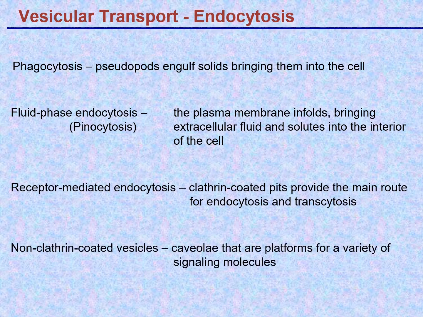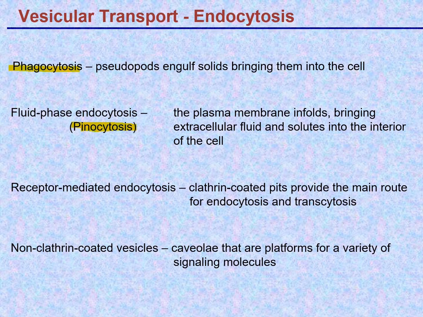Well, I told you there were a number of different mechanisms of endocytosis, vesicular transport, involving movement of either solids or fluids into a cell. Movement of solids into the cell is called phagocytosis. Movement of liquids into a cell is called pinocytosis.